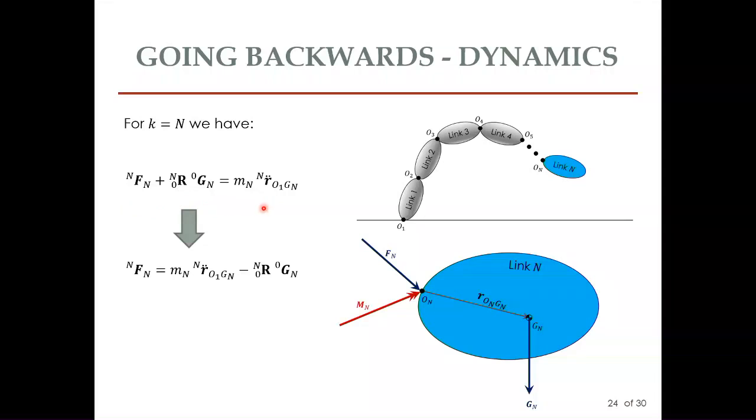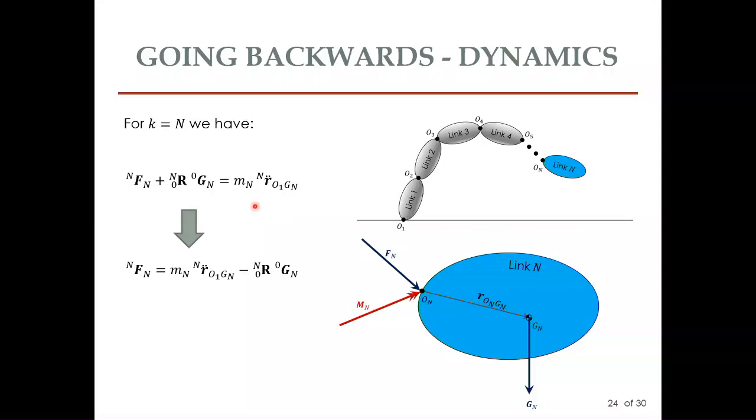This is the linear Newton-Euler equation for this link. On the left is the sum of forces in frame n, and on the right is p dot in frame n. So this is the absolute linear acceleration of point Gn, the center of mass of this link, multiplied by the mass of the link.